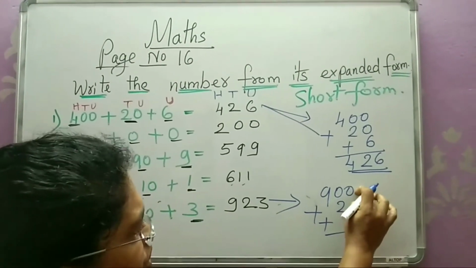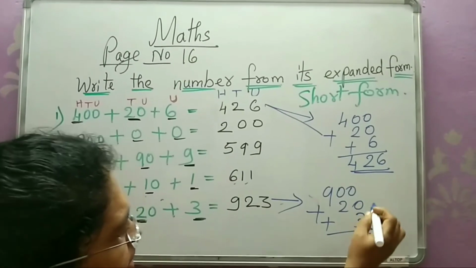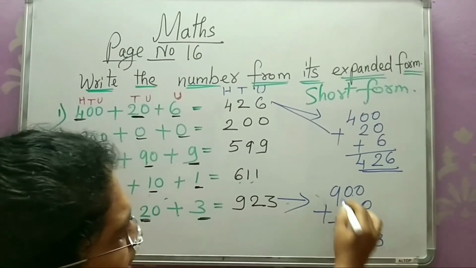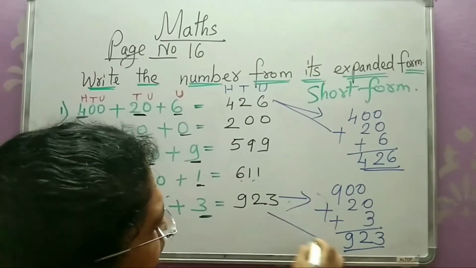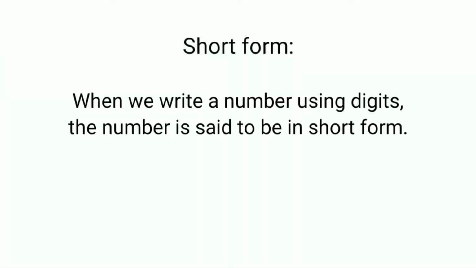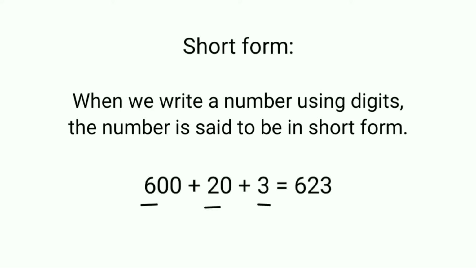Now 0 plus 3, 3. 0 plus 2, 2. And here 9. 923. Short form. When we write a number using digits, the number is said to be in short form. 600 plus 20 plus 3 is equal to 623.